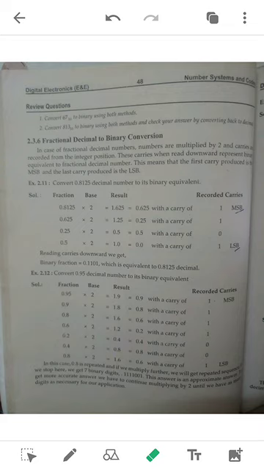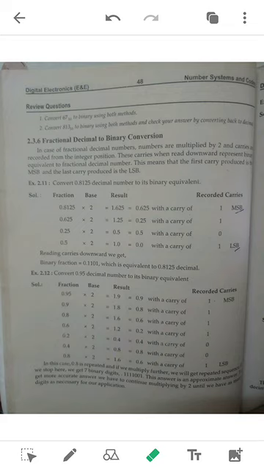The first multiplication gives the MSB, the second multiplication gives the second carry, then the third and fourth. The carries have to be recorded, and the last multiplication gives the LSB.